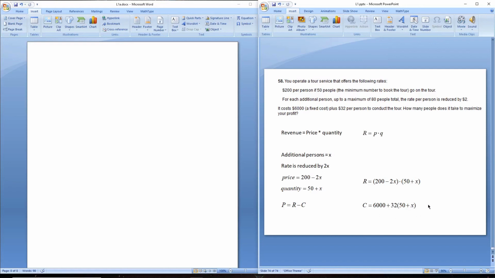And notice again, it's in terms of one variable, and so it's good to go. And now we'll plug revenue and cost into the profit function, and we will then have a profit function of one variable. And then we can finally answer, how many people does it take to maximize your profit?